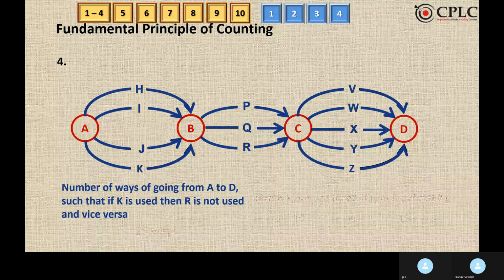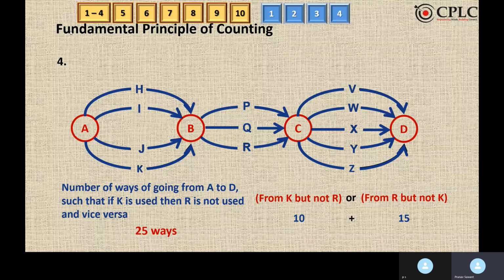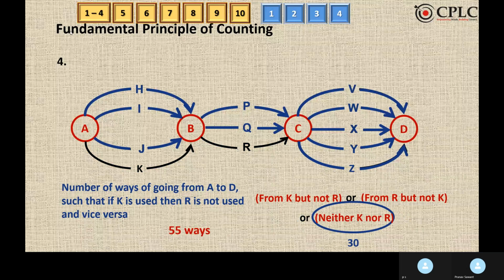So the question will be the same as the previous one, but with one addition. The addition is that we will not use both the roots, that is neither K nor R. So neither K nor R will also be counted here. So that would be 3 into 2 into 5, that's 30. So 25 plus 30, that's 55.